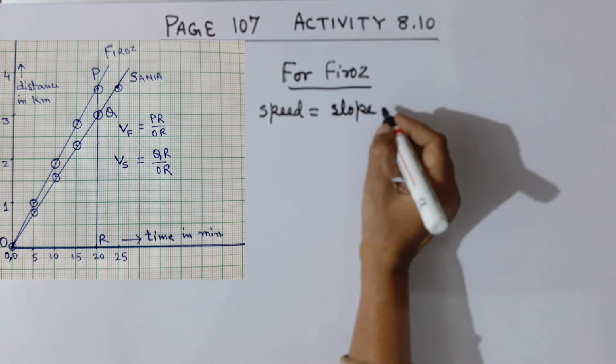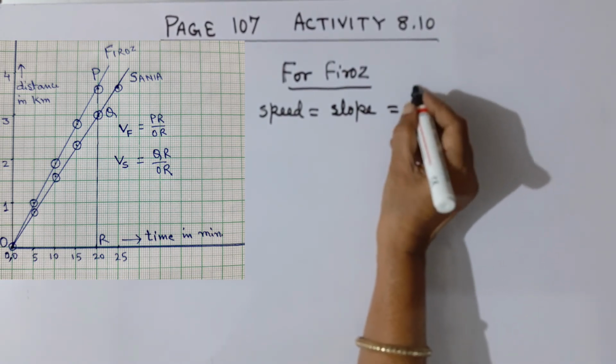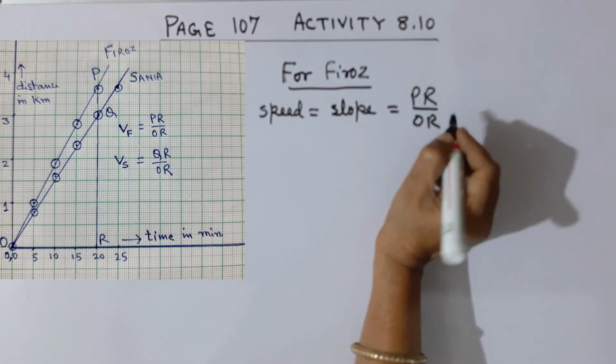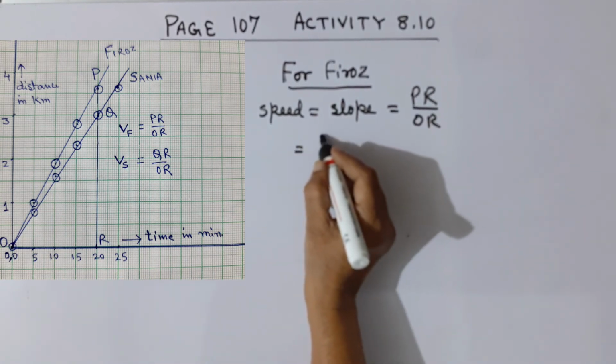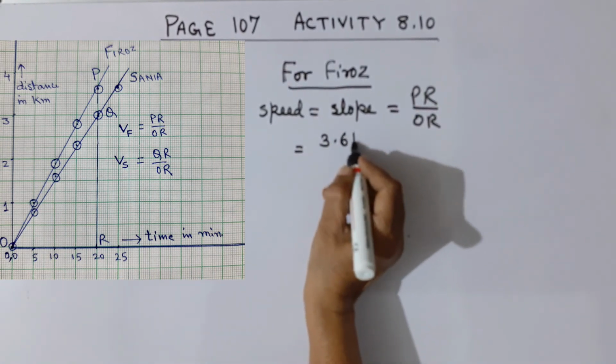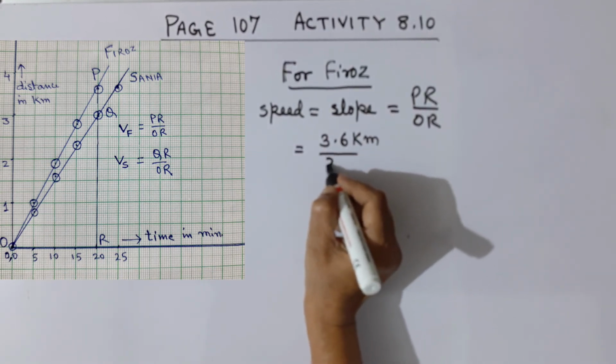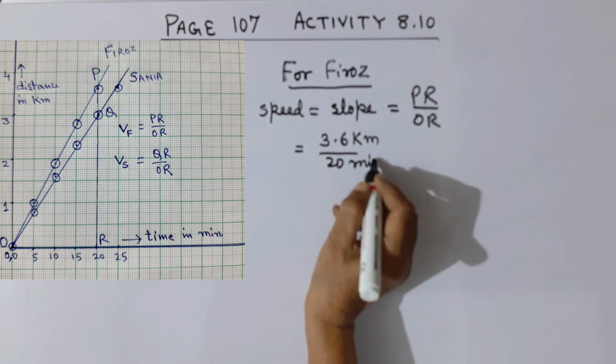So here slope is equal to, looking at the graph, PR upon OR, that is 3.6 kilometers divided by 20 minutes.